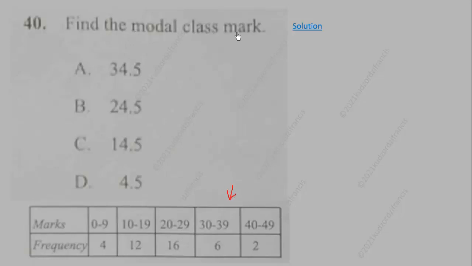So this is the modal class. The mark that represents the modal class is the addition of this and this divided by 2, the midpoint of this, or the class midpoint. So what they're asking is, what is the class midpoint of this, which is 49/2, and that is 24.5.